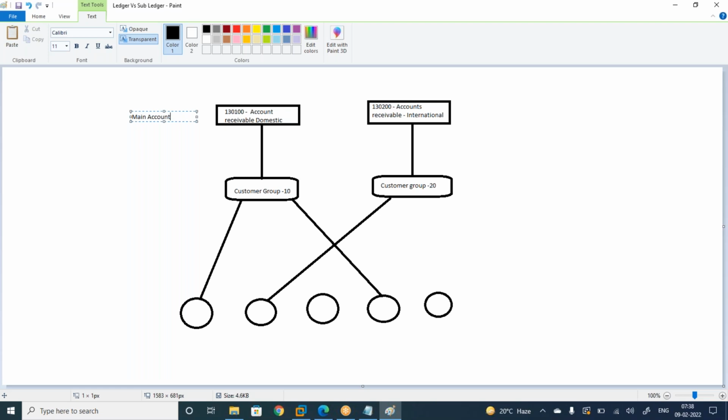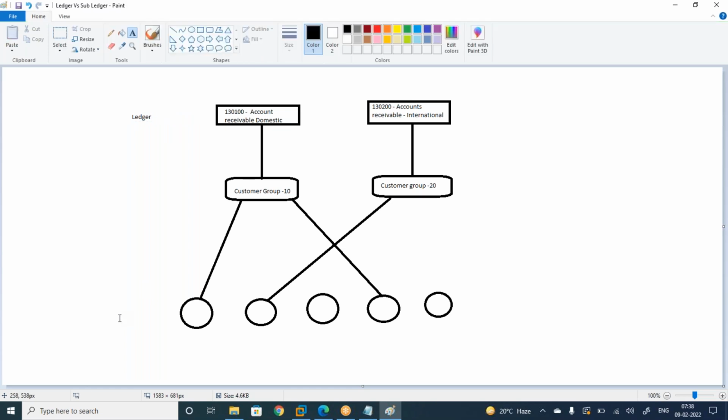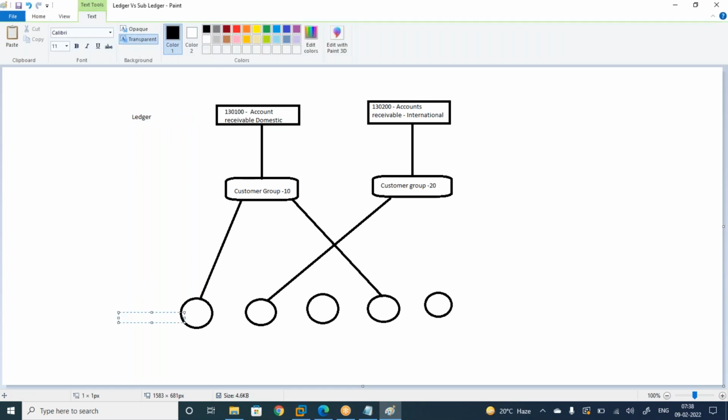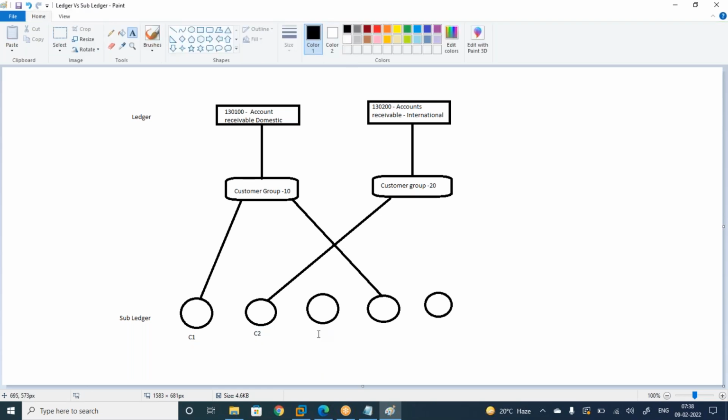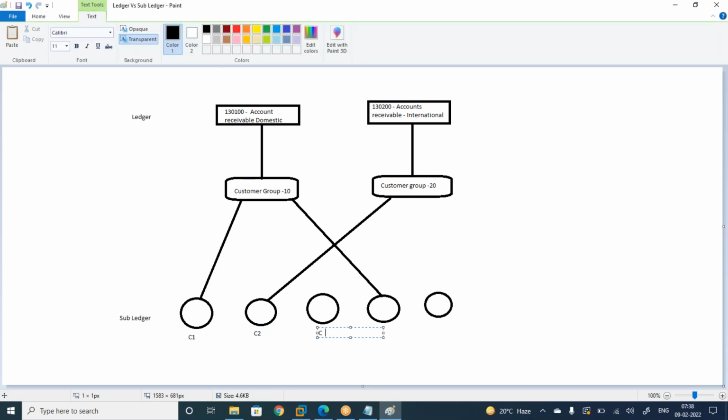I'm sorry, this is ledger and this is subledger. This is customer 1, whatever the number, it may be 1001, 1002 or US001. This is customer 2, this is customer 3, this is customer 4.